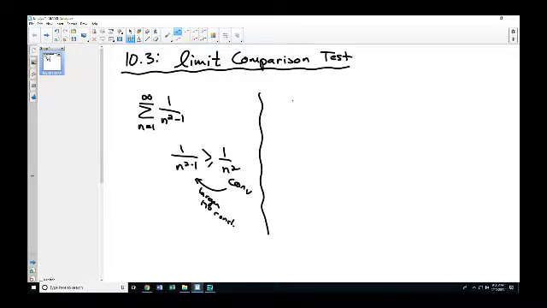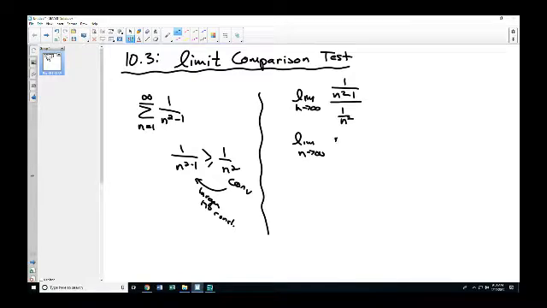Okay, so we have the limit as n approaches infinity, and we are going to put the original over the new. So we're comparing the two with a limit. It's a limit comparison test. Now solve the limit.